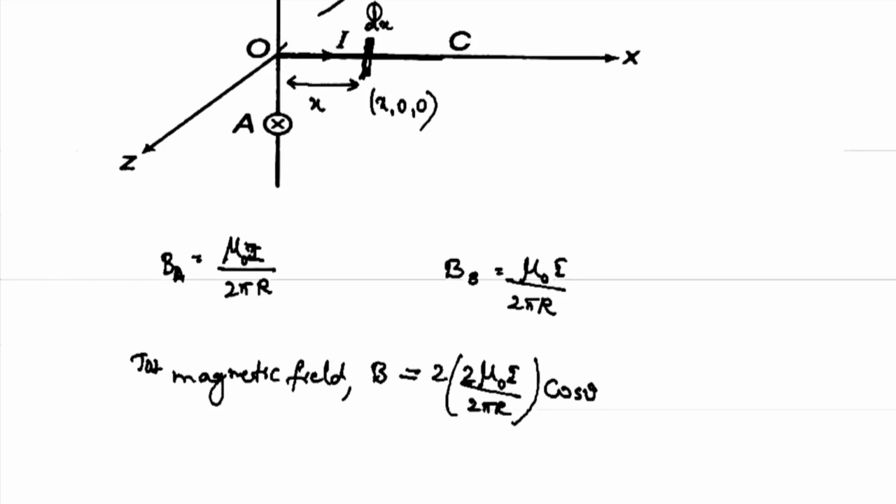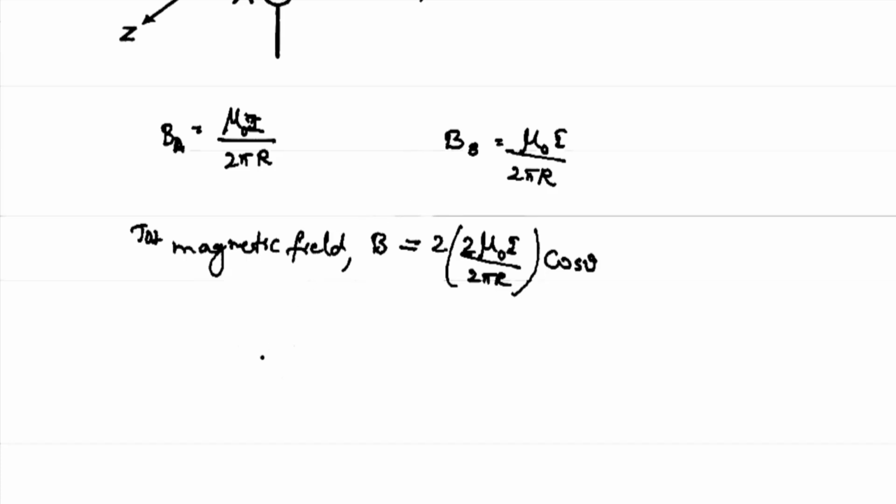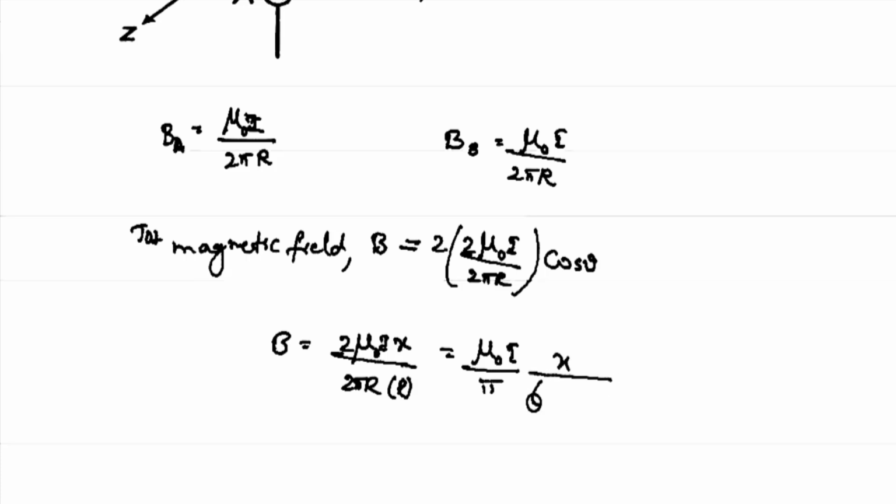So you can write B equal to 2 mu naught I into x divided by 2 pi r into r. Substituting x by r here, this equation becomes mu naught I divided by pi into x divided by a square plus x square. So this is the magnetic field.